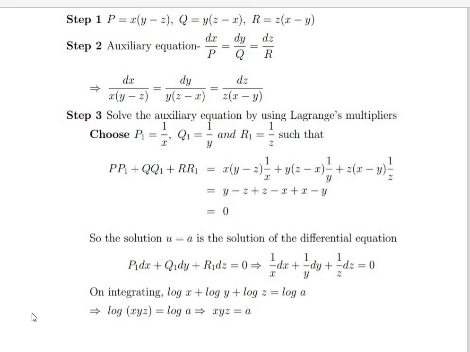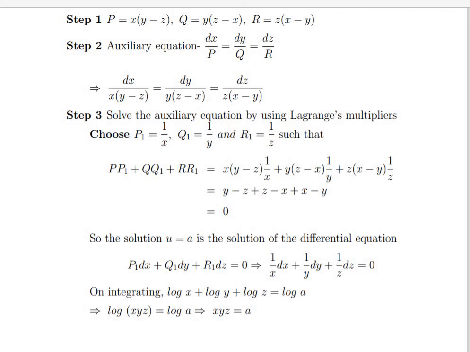Now applying the procedure of P P1 plus Q Q1 plus R R1, the terms x, y and z from there will be removed, and on adding them we will get 0. So the solution u equal to a is the solution of the differential equation P1 dx plus Q1 dy plus R1 dz equal to 0.